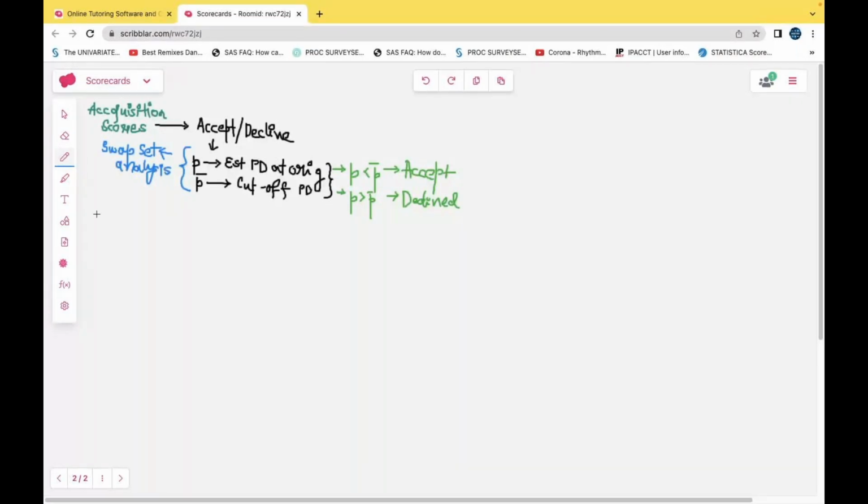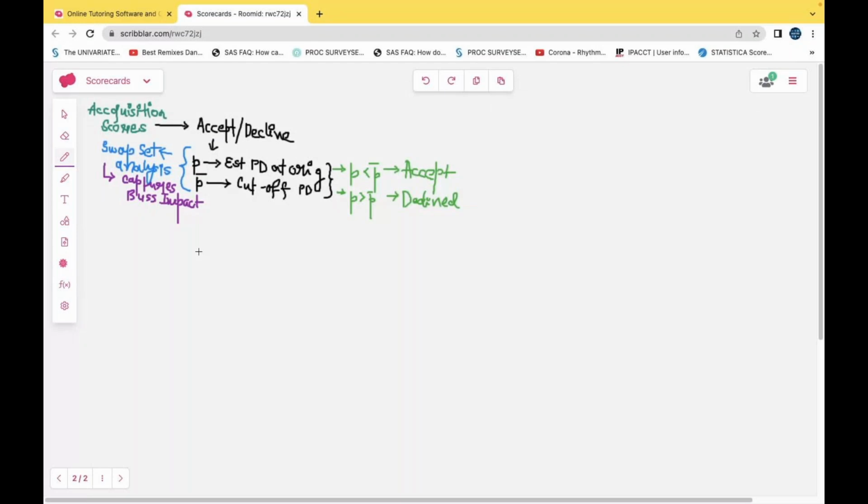Okay. So what is the swap set analysis? Swap set analysis is an approach to capture the business impact of an acquisition model.